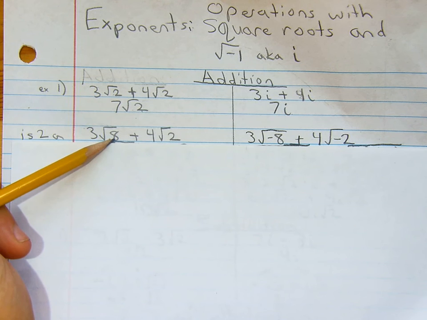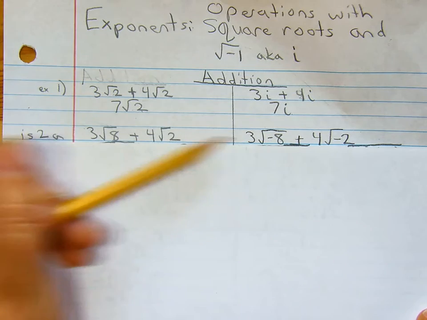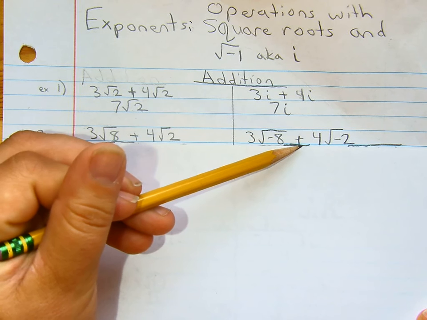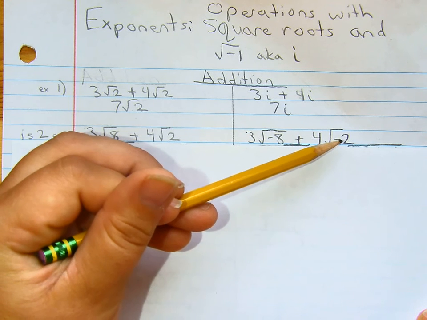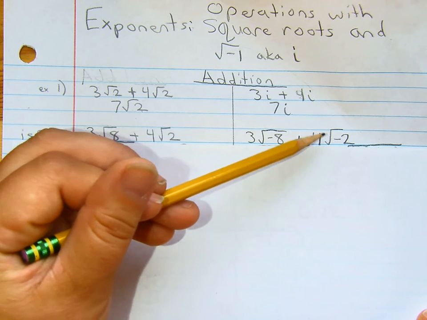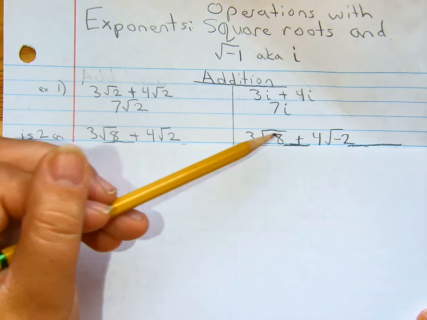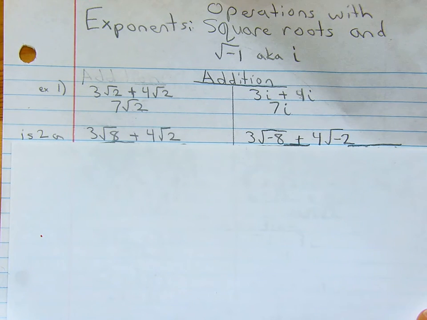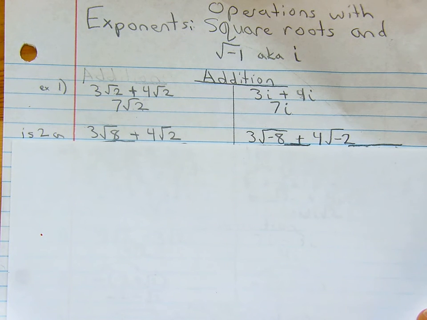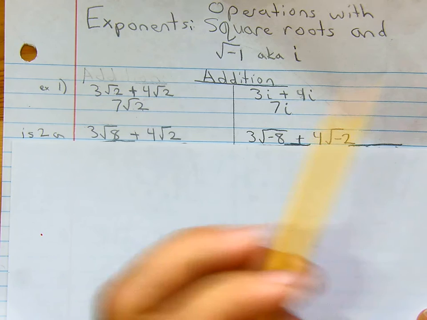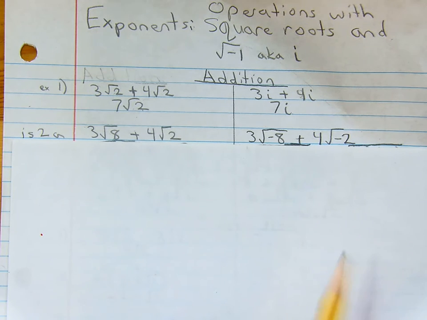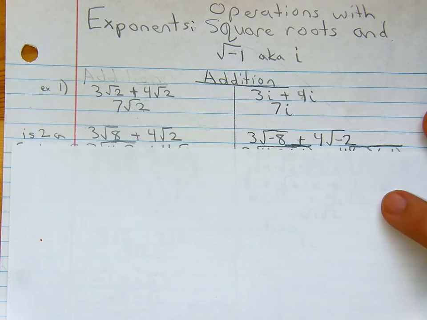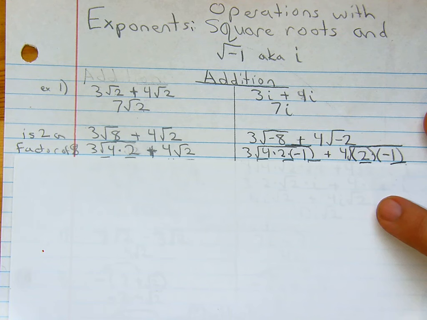Is there a perfect square that I can pull out of 8? And in both of these situations, obviously, yes. And even here, it's like, okay, well, that's a -2. Anytime you see a negative, this comes back to watching our radicals, the imaginary numbers. But then you can pull out that -1, aka that i.